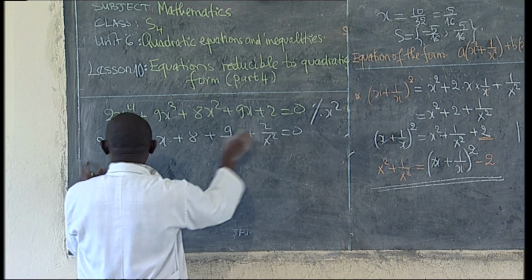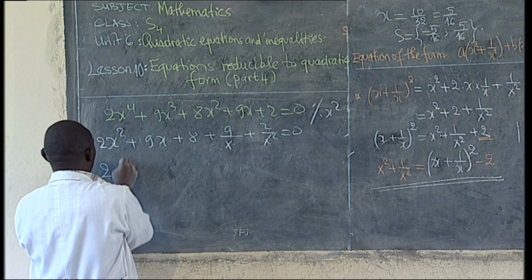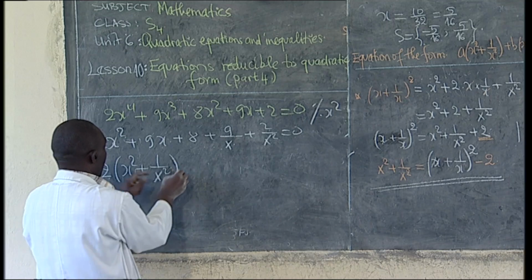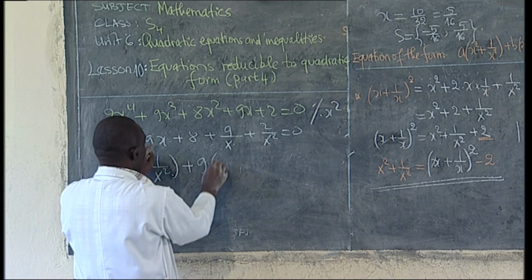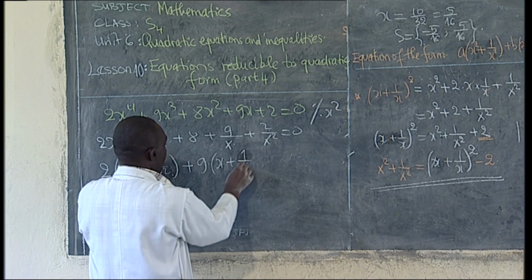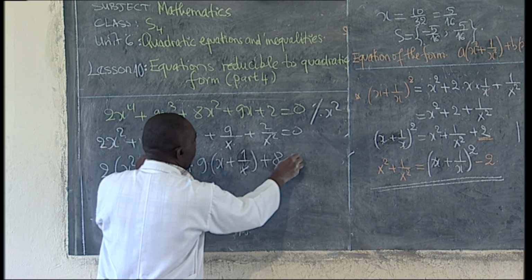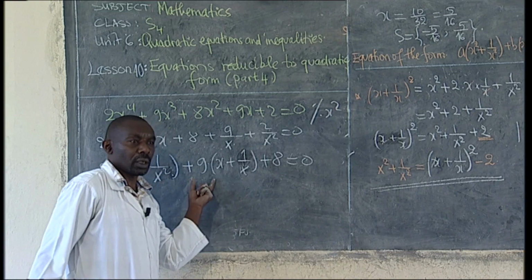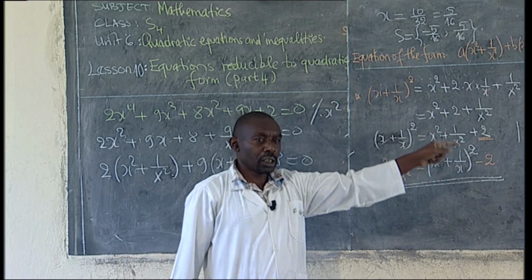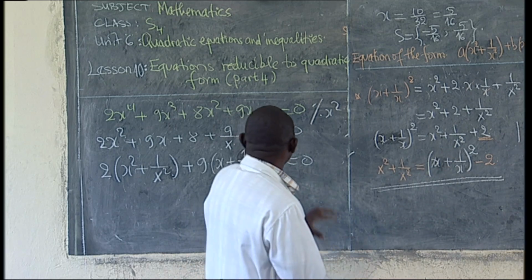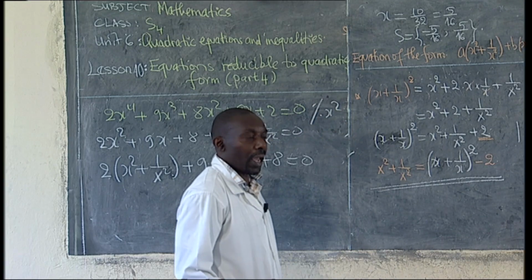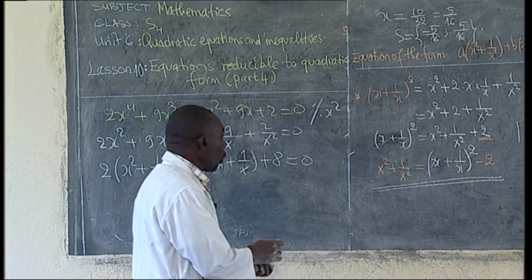And you take these together to get 2 times (x squared plus 1 divided by x squared), then plus 9 times (x plus 1 divided by x), then plus 8, which is equal to 0. Do you see? This equation is no different from those ones. So the secret is to take the whole equation, divide it by x squared, and group.